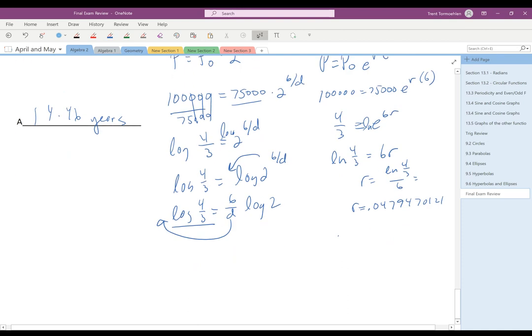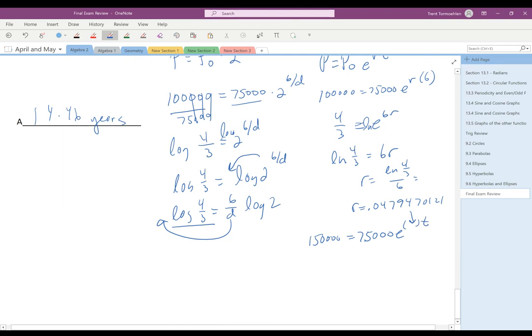Well, it asked how long will it take for the population to double? That means we need to rework our equation and find out how long it takes. You could do 150,000 equals 75,000, or you could just realize that's a 2-to-1 ratio, which is all that really matters. Then you just solve this equation, with r being what we just calculated.